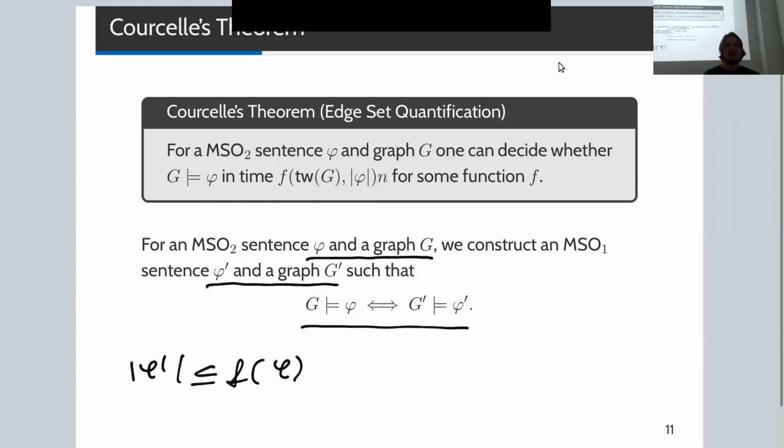Do we need anything else in that? Yeah. Tree width mustn't grow too large, depending on the tree width of the original graph. Exactly. The tree width should not grow. In fact, we will make sure that the tree width will be exactly the same as the original tree width. And one more property is what we need.